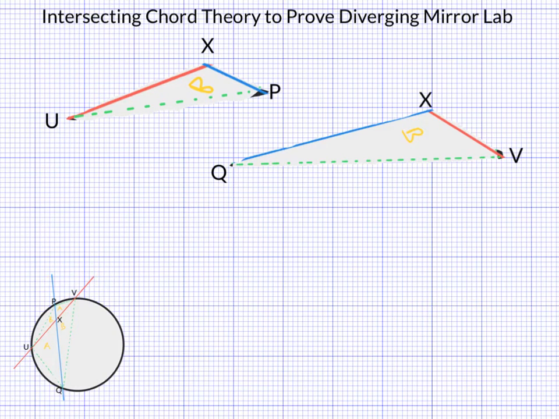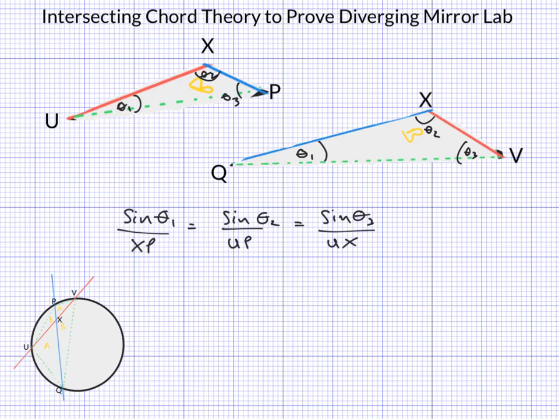Okay, so we can start doing our sine law. So here we go for the first triangle, for UXP triangle. I'm saying that sine theta 1 over the length XP, right here, is equal to sine theta 2 over the length UP, which is equal to sine theta 3 over the length UX.